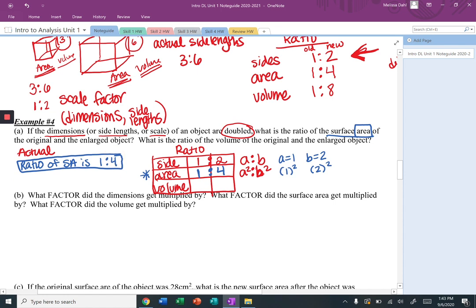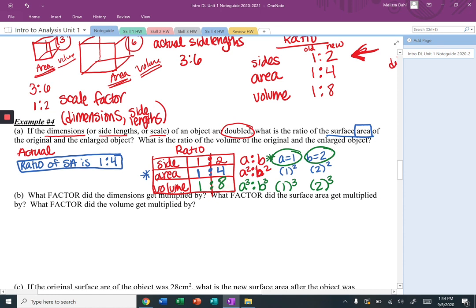The next portion asked me about the ratio of the volumes. So again, remember the relationship here, it really has nothing to do with the areas, but if you knew this side length ratio, the volumes are the cubes of those numbers. So if you already know that A is like a 1 and B is like a 2 in the ratio, then you can find the volume ratios by cubing A and by cubing B. So 1 cubed is 1 and 2 cubed is 2 times 2 times 2, which is 8.